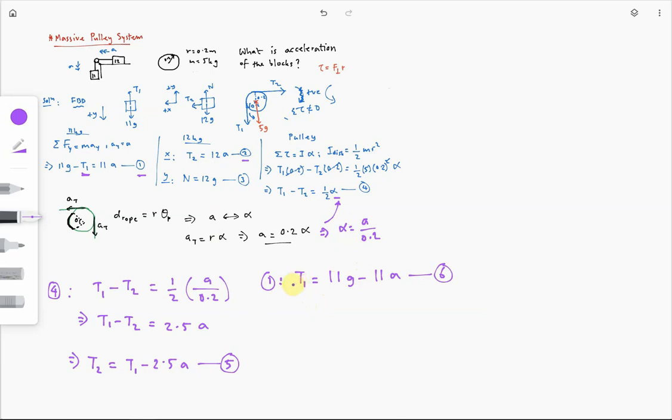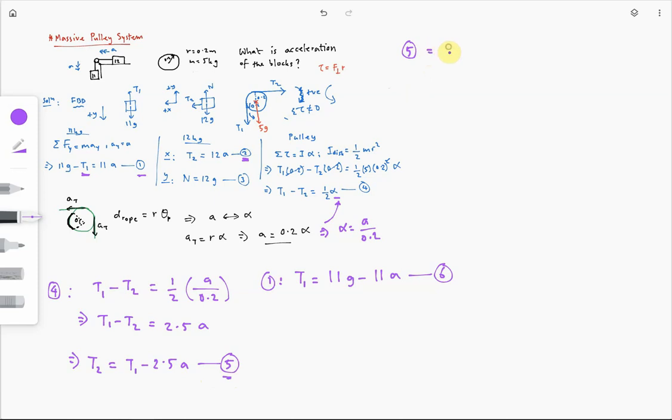So our next goal would be to plug equations into one another. So first of all, let us plug two similar things together. Equation 5 and equation 2 give me the same thing. They both give me T2. So they're just equal quantities with two different expressions.